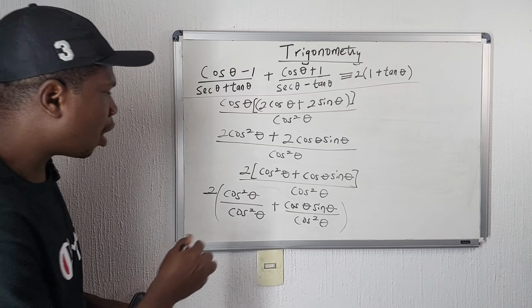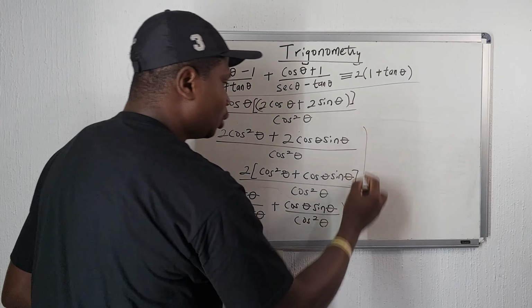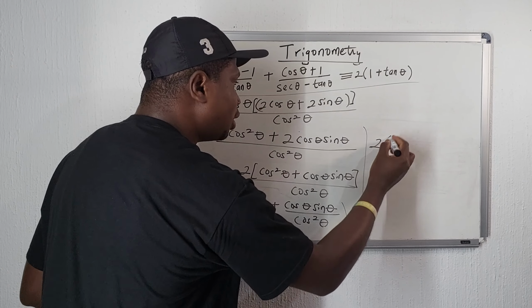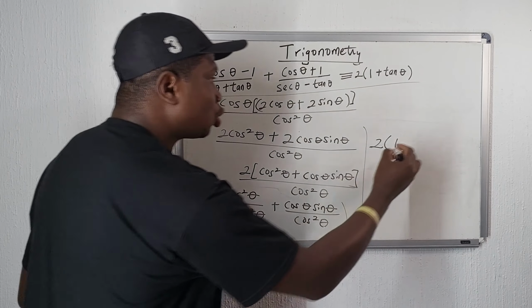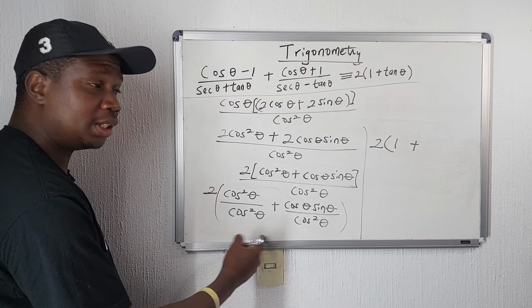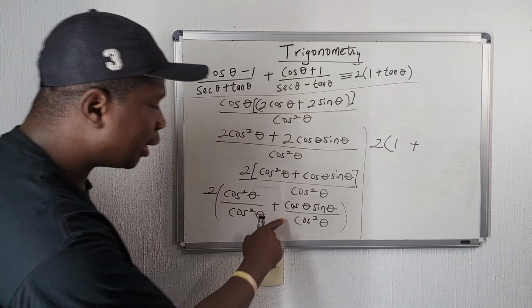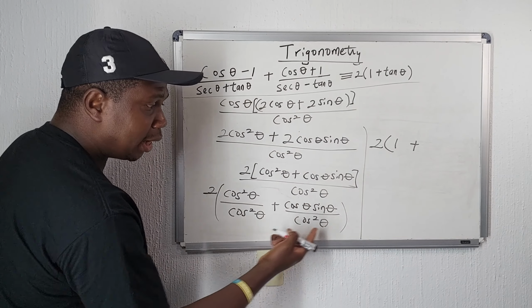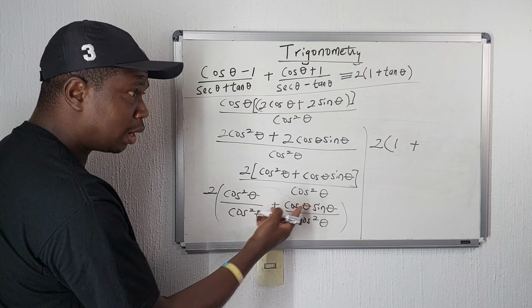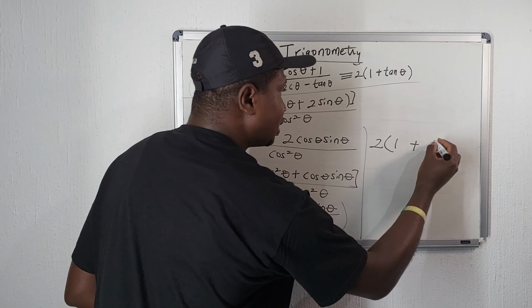Now, cos square theta divided by cos square theta is what? 1. So I can come here and say 2 into bracket 1 plus, cos square theta divided by cos square theta is 1. Anything divided by itself, it's 1. Now, I have 1 cos square theta here, and I have 2 cos square theta here. So 1 cancels out. So I'm left with what?